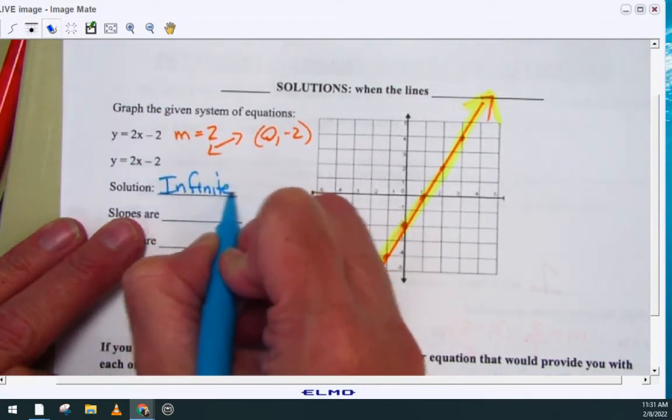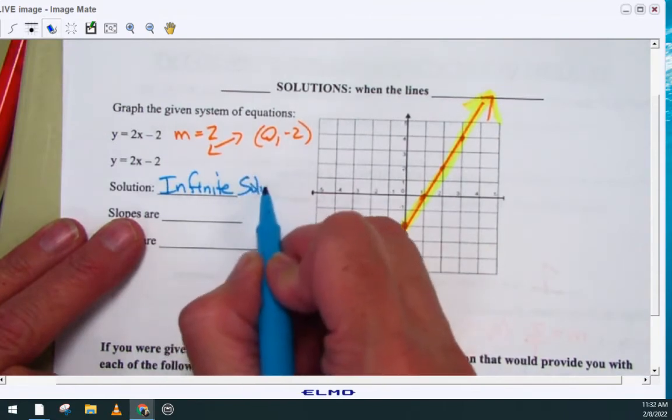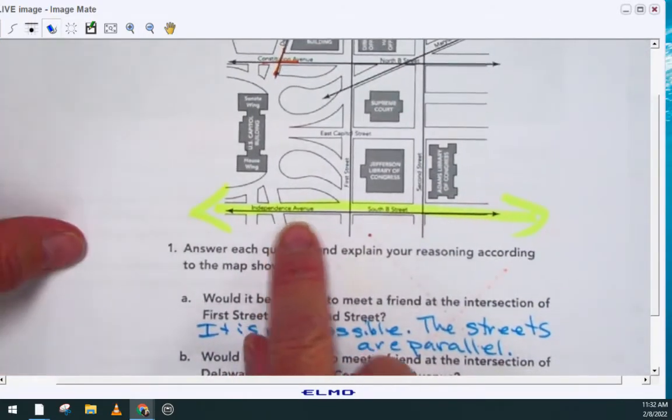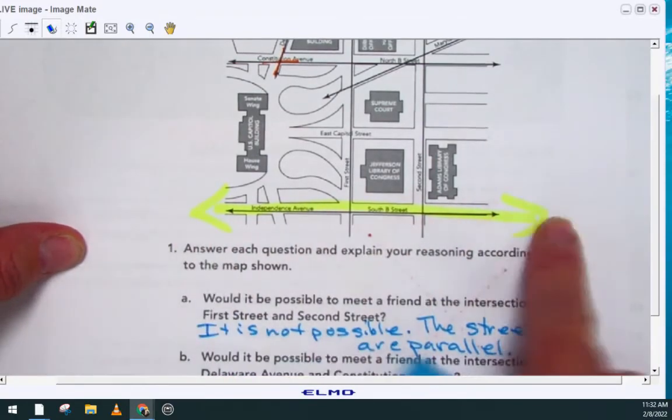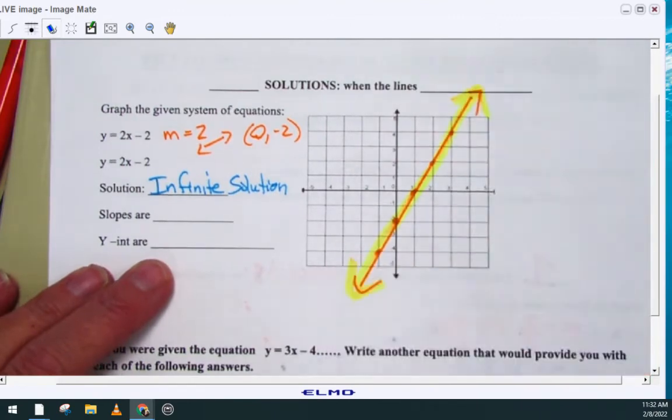Just like when we were talking about Independence Avenue and South B, they're the same line. Same thing as here. They are the same line, so there are infinite solutions.